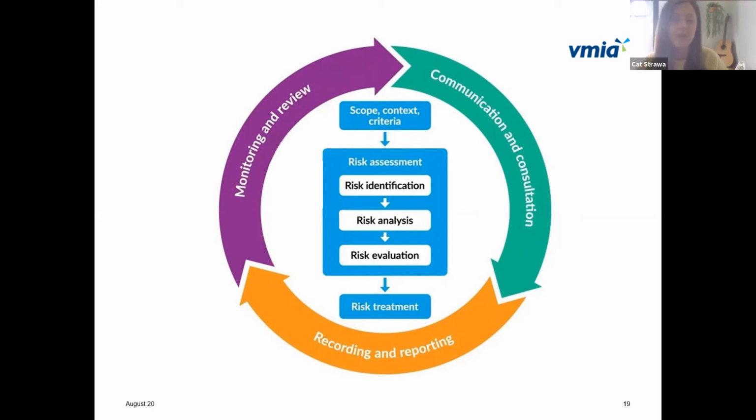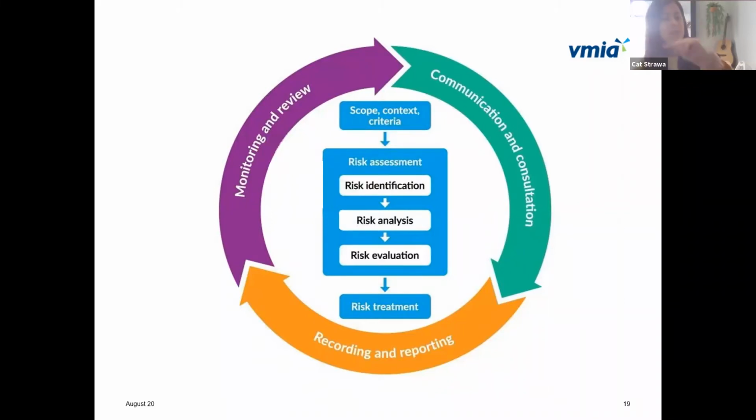So that's where we'd find our deeper understanding of those causes and consequences as well. And we'd look at what we're doing to currently manage the risk. And then we'd get into our risk evaluation. We'd think about how likely are these events to occur and do we need to treat them? And then we think about what can we do to manage these risks if we need to treat it in our risk treatments, and what actions can we take to respond.